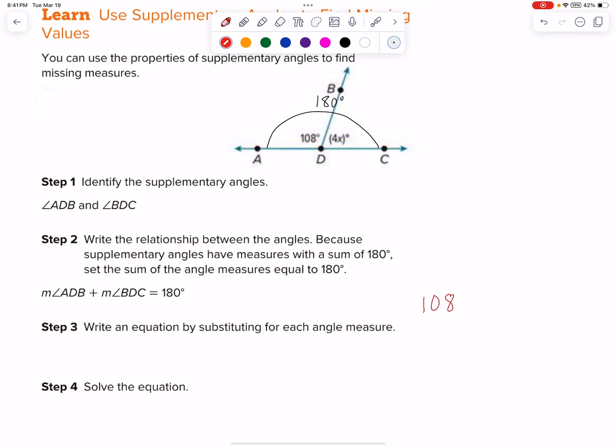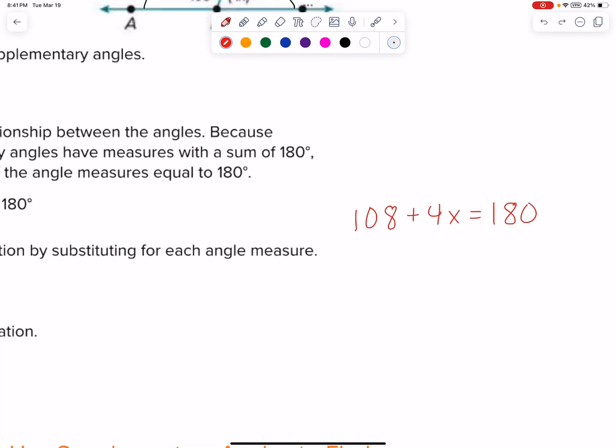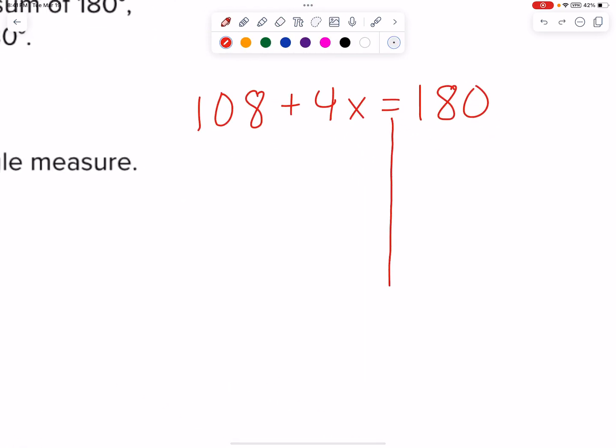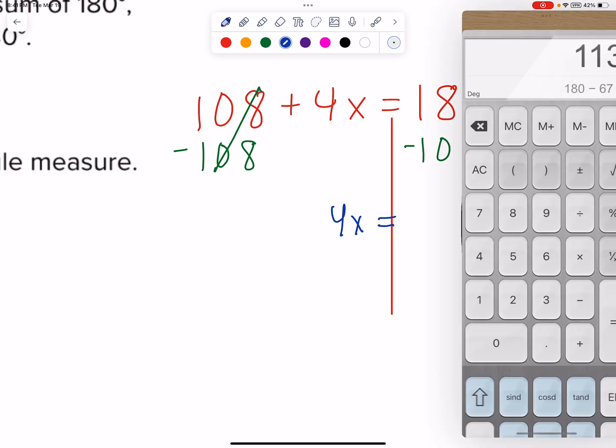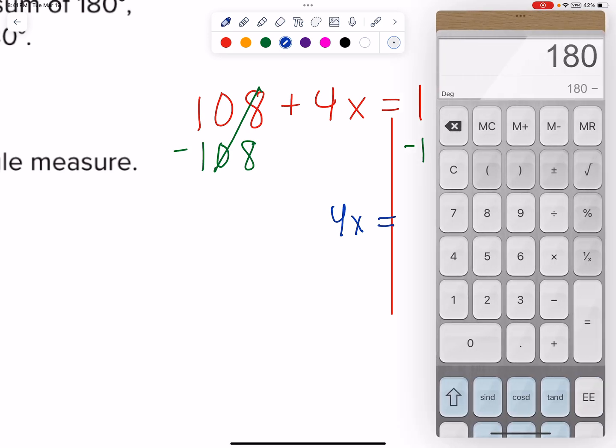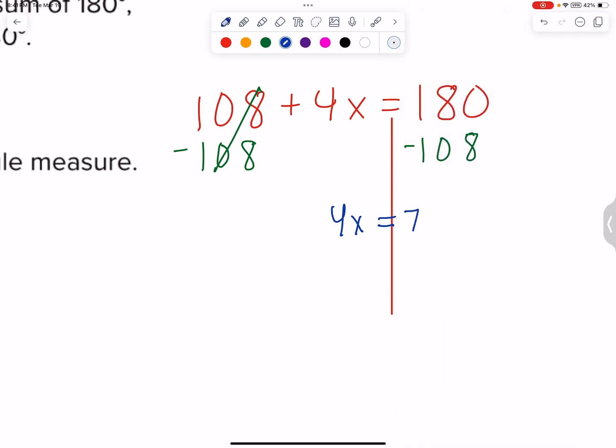So we have 108 plus the 4x, and all those combined equal 180 degrees. I'm not going to put the degree symbol for my math equation, though. So separate our workspace. Opposite order of operations. Let's subtract 108 from both sides. That goes away, and we're left with 4x equals 180 minus 108, and you end up with 72.